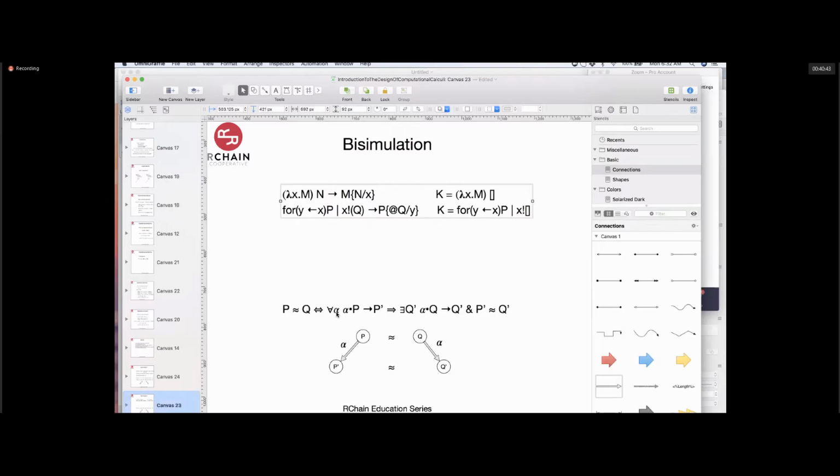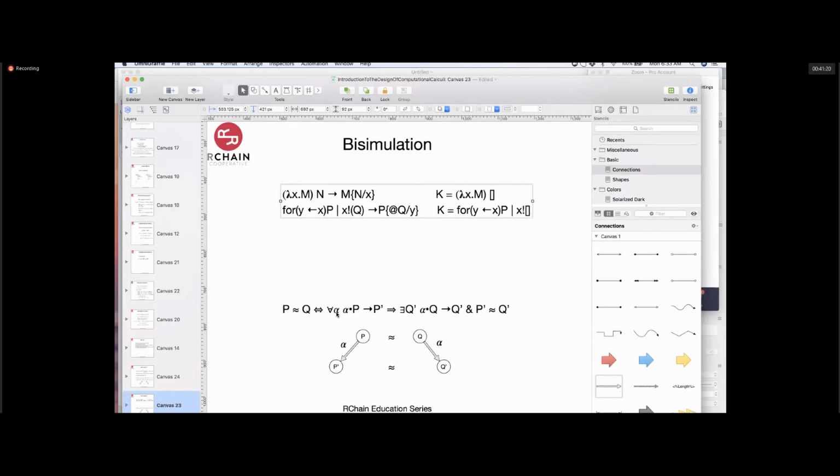To tip my hand on where we're going: we talked about the importance of equational reasoning and how it's good for software tools where you want to do refactoring, or prove that if I substitute this component for that component because they're bisimilar, then it will behave in the same way.